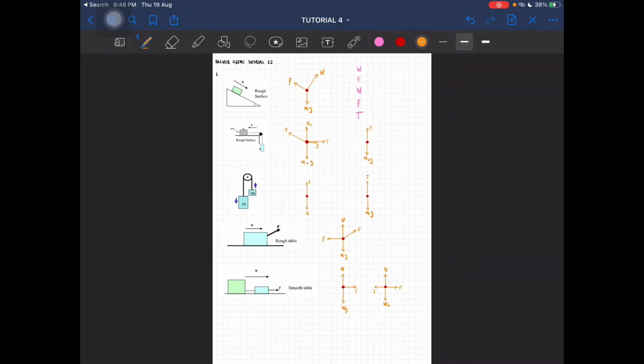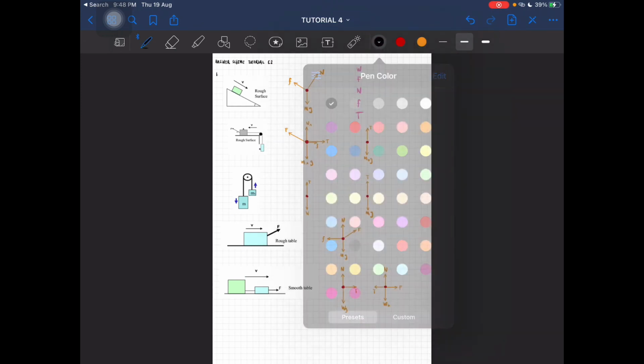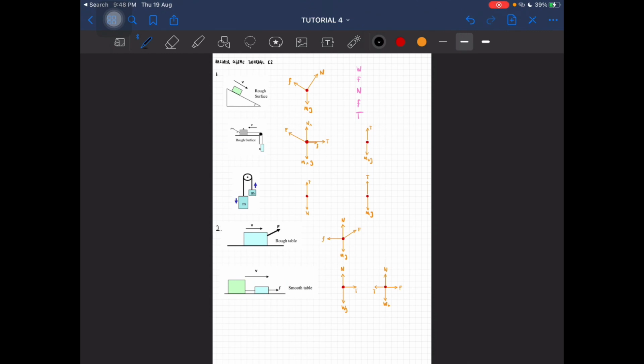So that is on free body diagrams. This is question 2. Questions 1 and 2 are both asking us to draw the free body diagram, so again, make sure you are able to draw it without any problems. But if you have any, just try and ask me in Telegram. I will answer you.